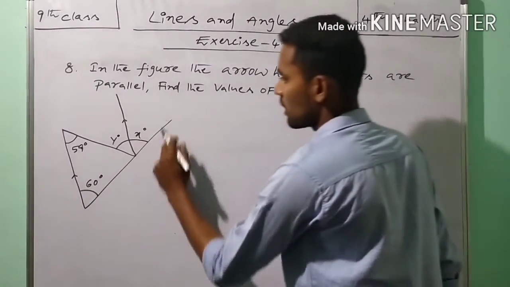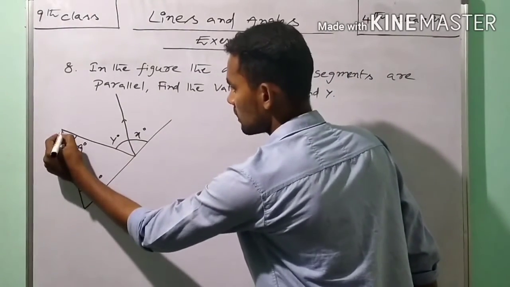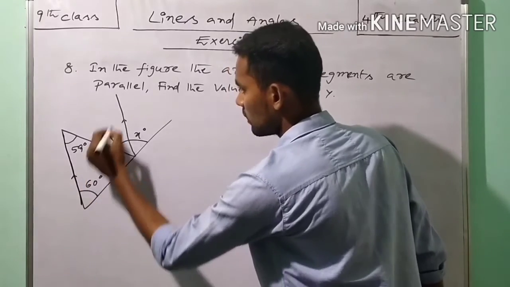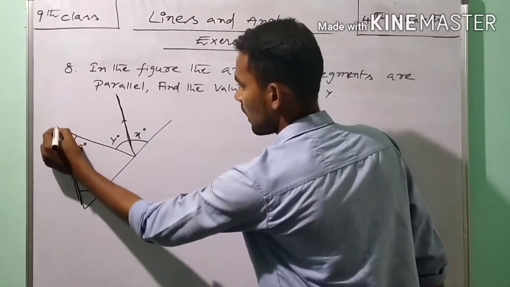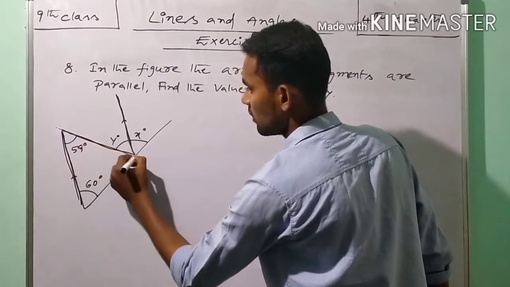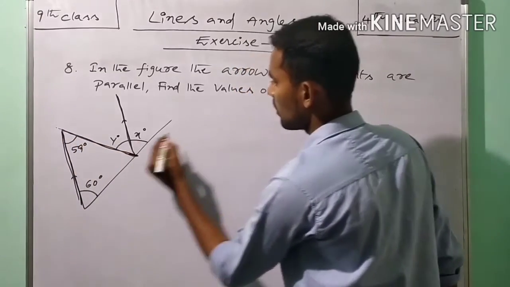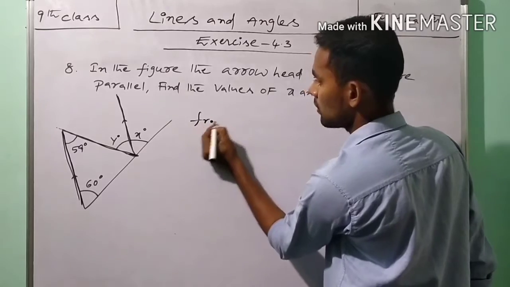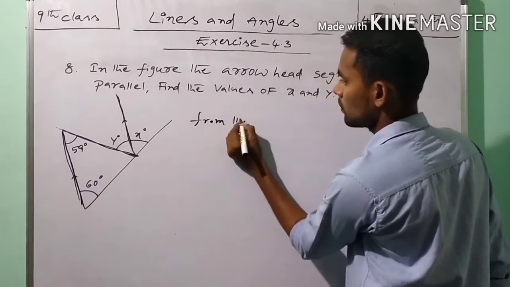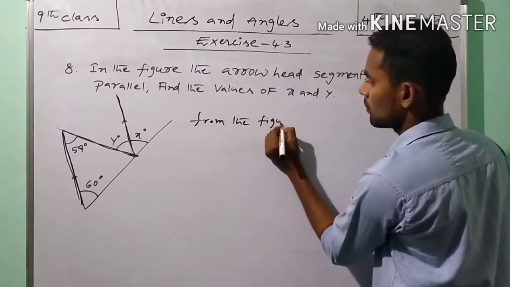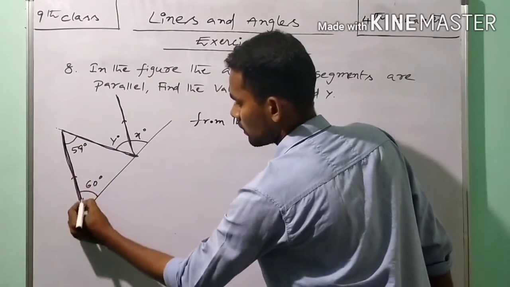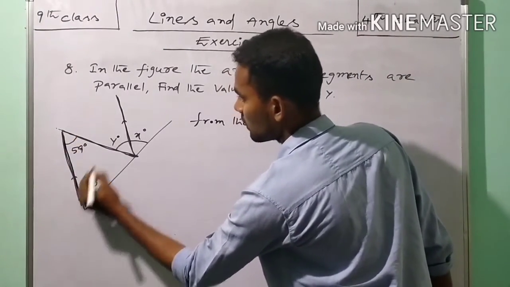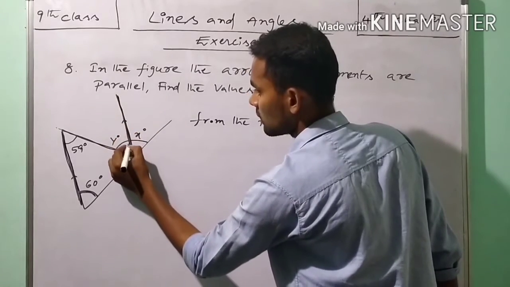In the given figure, this line is parallel. This line is transversal. From the figure, this angle is 60 degrees, this angle is x degree.